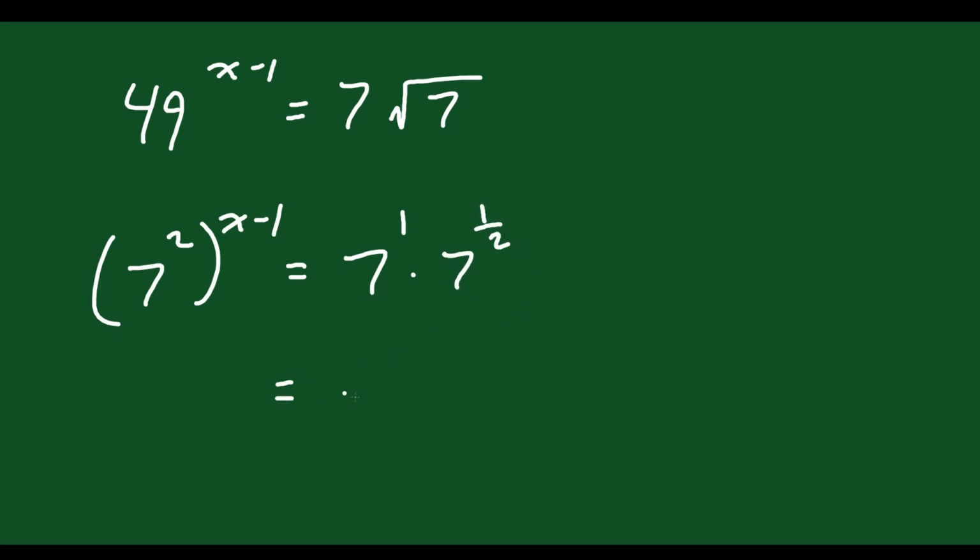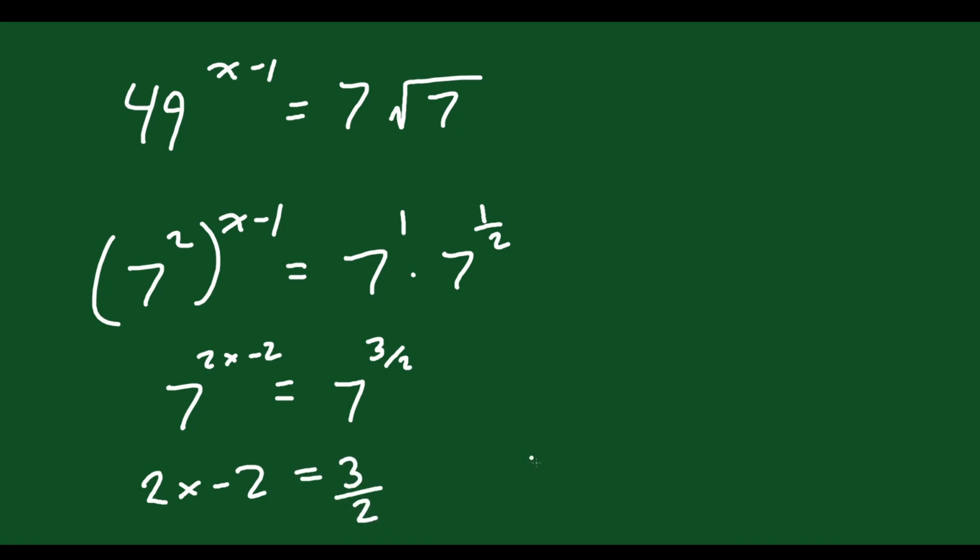Well, when you multiply things with the same base, you add the exponents. So you get 7 to the exponent 1 plus a half, which is 3 over 2. And then on the left, you have 7 to the exponent, multiply those together, 2x minus 2. Now the bases are the same. You can equate the exponents, just like that.